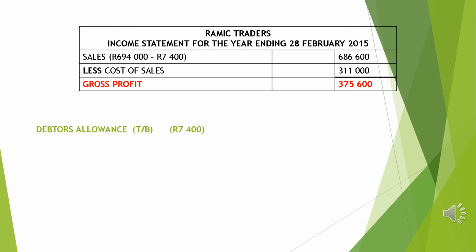Now let us look at other incomes. So you will see here there's a difference. We are no longer calling them revenue or sales, but we are calling them other incomes. So previously, when we were looking at sales, we were looking at revenue collected during the particular financial year, when we're looking at what this particular company exists to do.